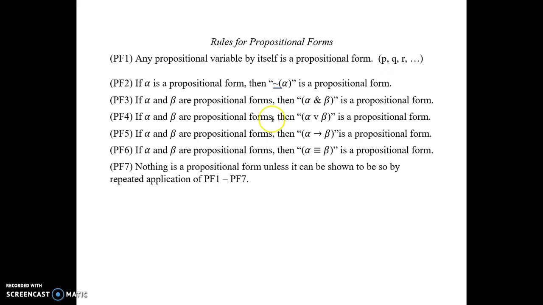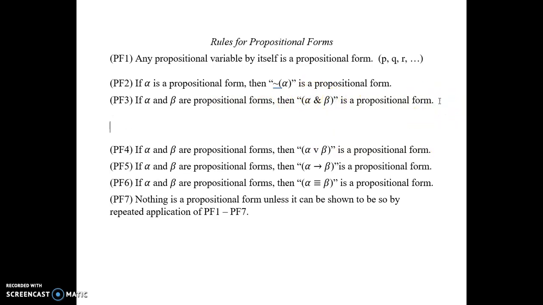Now, if you've got 2 propositional forms, maybe the same, maybe different. So you could have P twice, or you could have P here and Q here. If those are forms, then putting the ampersand symbol between them and surrounding the whole thing in parentheses is a form.